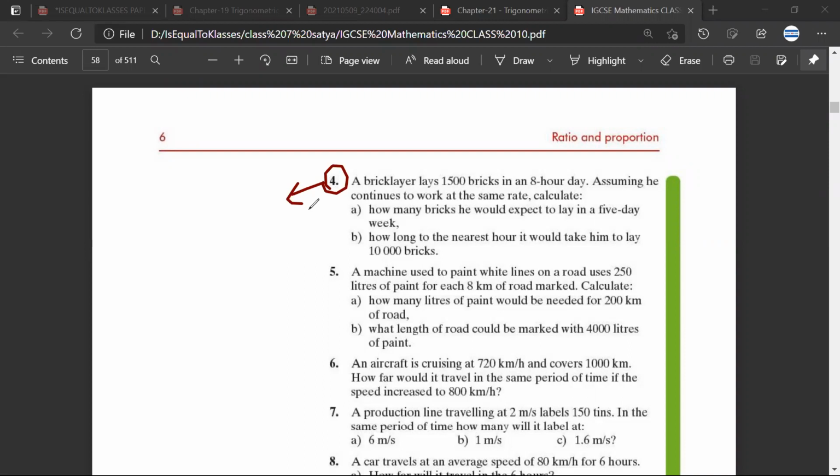Yes, sir. One second. First I did 1500 is to 8. And then I wrote how can we find. So over here we have the number. So one, yeah, so 5 days.